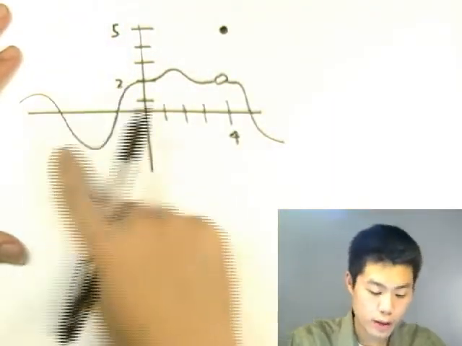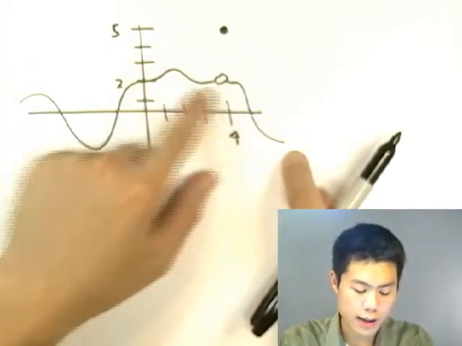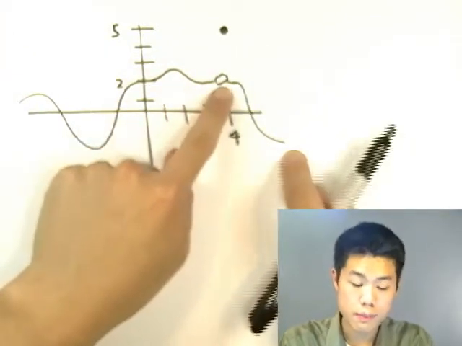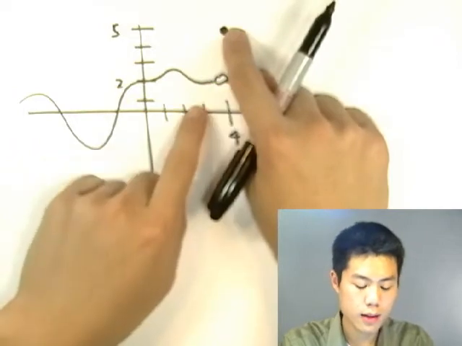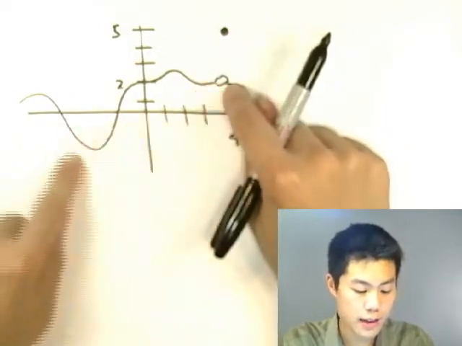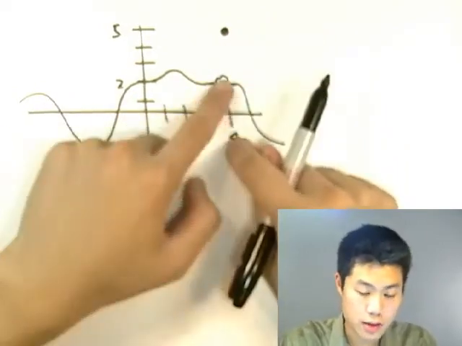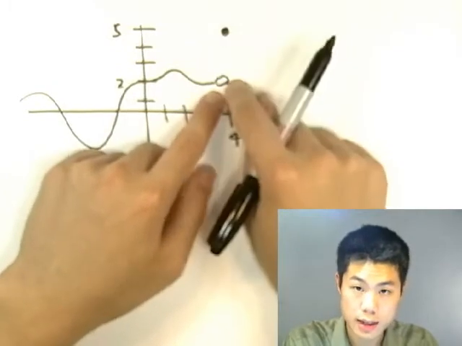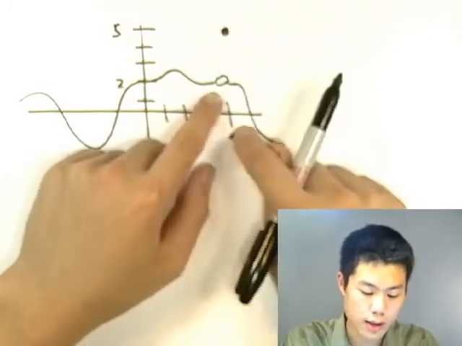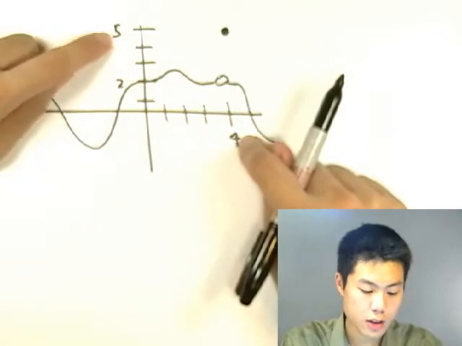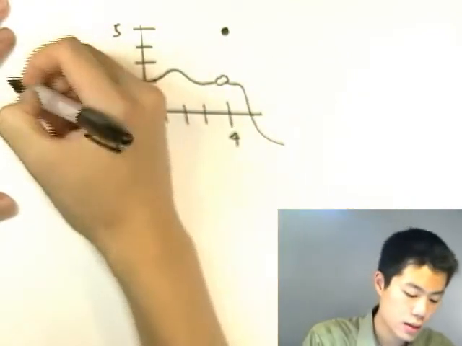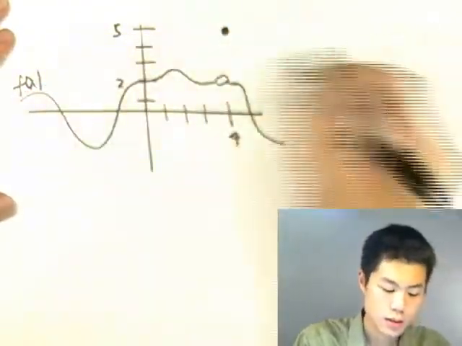Okay, so this is a wiggly function that has a hole at x equals 2. Sorry, it doesn't have a hole here, but you see this sort of a jump, a discontinuity, right? So at x equals 2, this function is equal to 5. Okay, so this is f of x.